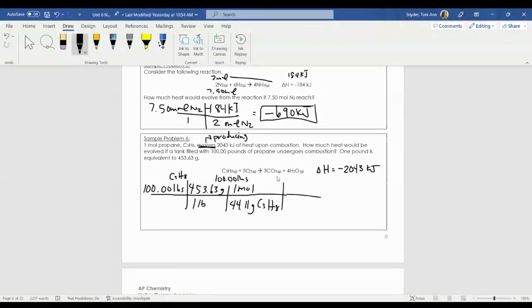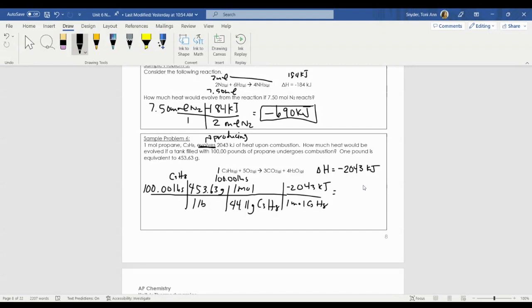Now we're going to use our thermochemical equation to relate moles of propane to heat. And it looks like 1 mole of propane will release negative 2,043 kilojoules of heat.